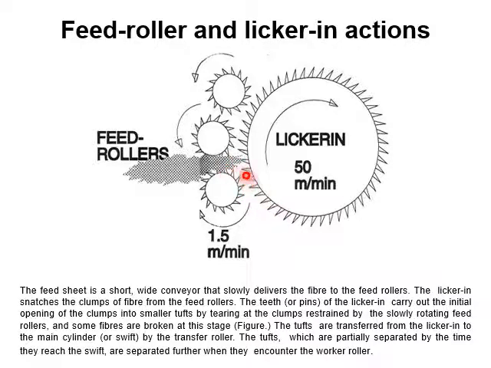Here there are chances that some fibers may be broken. The tufts are then transferred from the licker-in to the main cylinder or swift with the help of rollers. The tufts, which are partially separated by the time they reach the swift, are then further separated when they encounter the worker and stripper rollers.